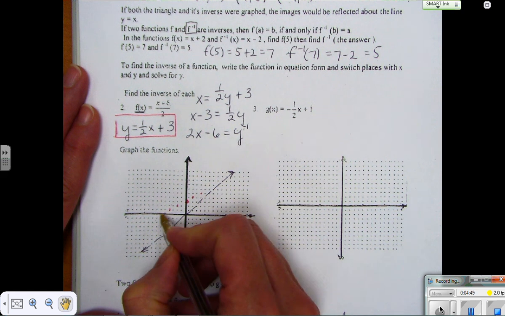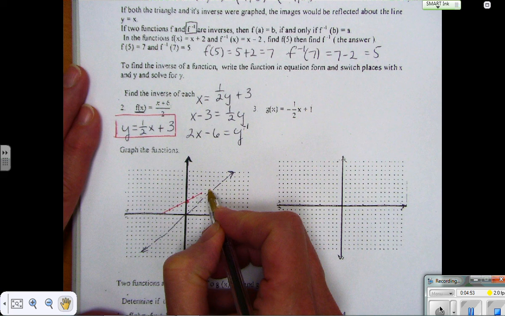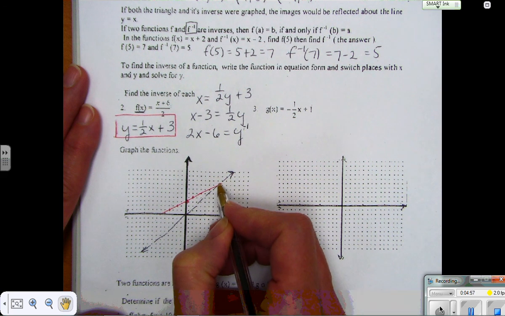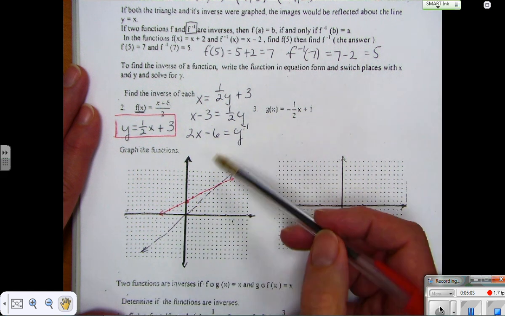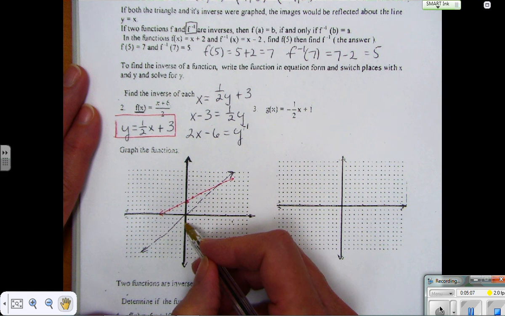Okay, so your line's looking kind of like this. And then the inverse has an intercept of -6, and a slope of 2.